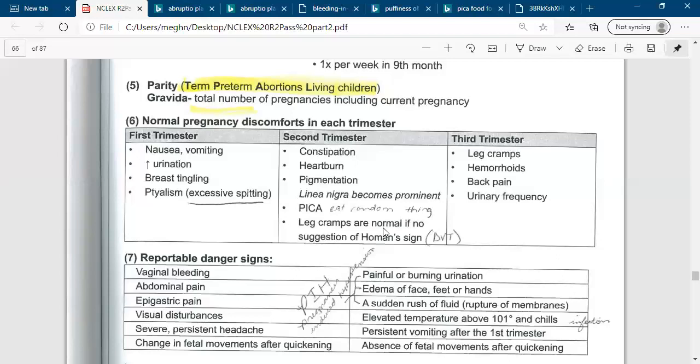So when a mother comes to you and explains about leg cramping, we have to check the Homan sign. If the Homan sign is negative, that means the mother does not have any chance of developing deep vein thrombosis.